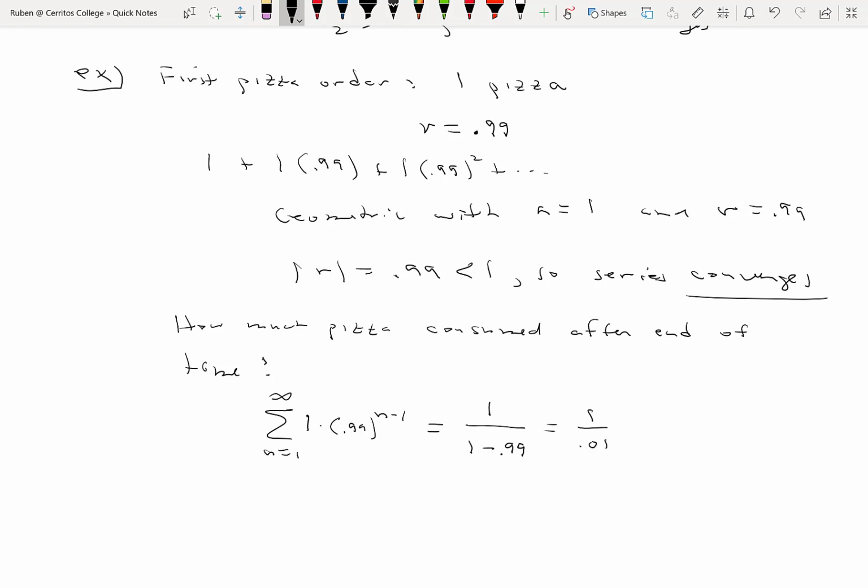It's 0.01. It's 1 over 100. So this is 1 over 1 over 100. The person's going to have a big tummy. Person's going to have 100 pizzas in their stomach at the end of all time. But it's still a far cry from an infinite amount of pizza.